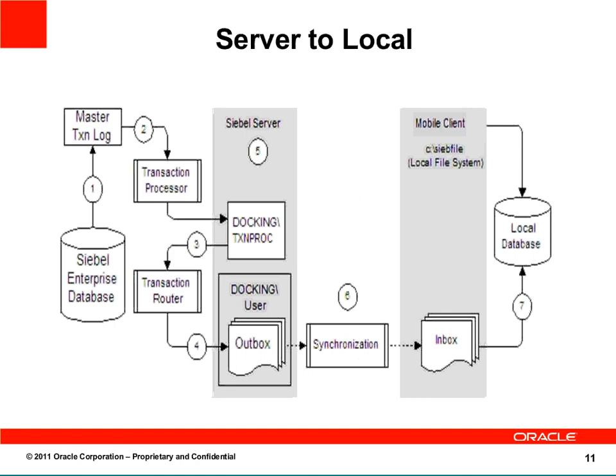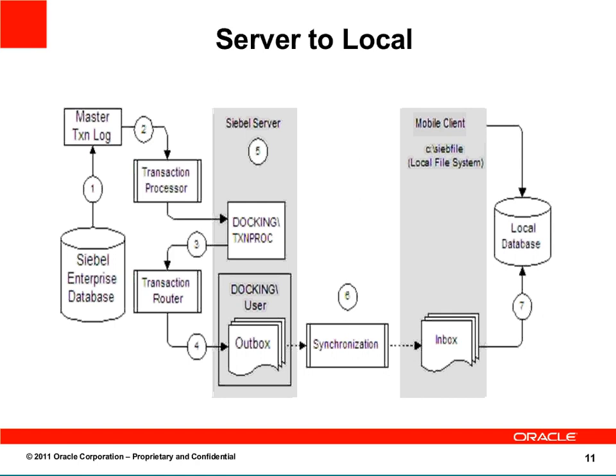After that, the transaction router is responsible for checking all the transactions and creating the DX files for all mobile clients, checking, for example, visibility: if a manager has access to some data, what data a customer can see and cannot see. This is the responsibility of the transaction router.